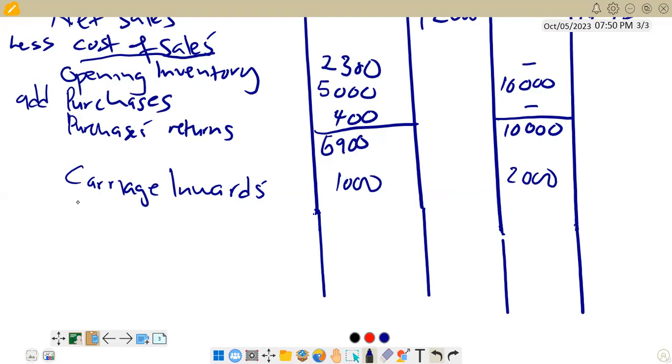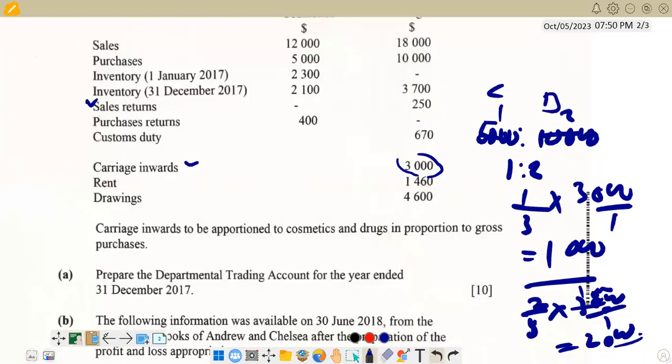Then we also check if you've got some customs duties in the question. We can go back to the question again. If you've got customs duty, it is going to increase the value of our carriage. Remember, customs duties are paid at the border as we are transporting our goods. We have got customs duties for drugs, we don't have for cosmetics.